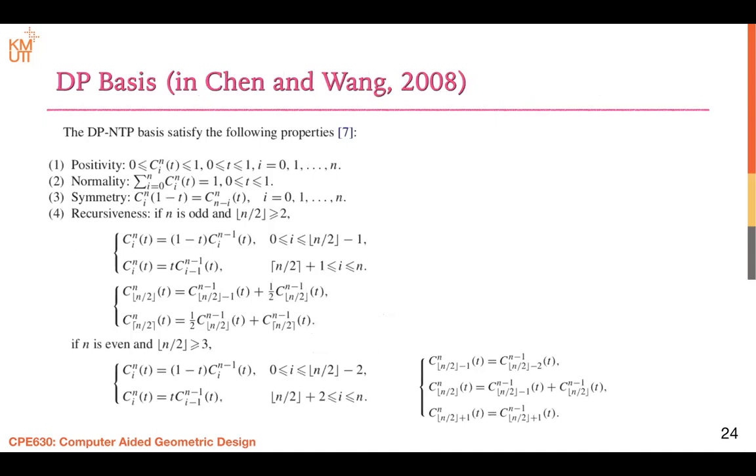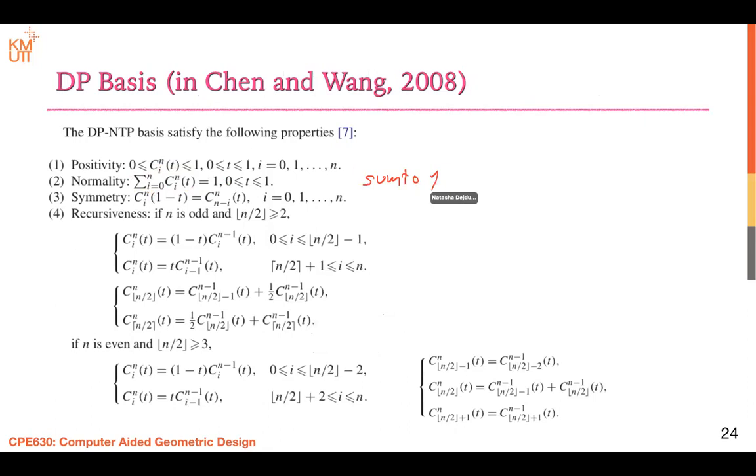Okay, and so we can prove that the DP basis has positivity. This one is proof for the convex: it's greater than or equal to 0. And normality: the summation is equal to 1. Sum to 1.